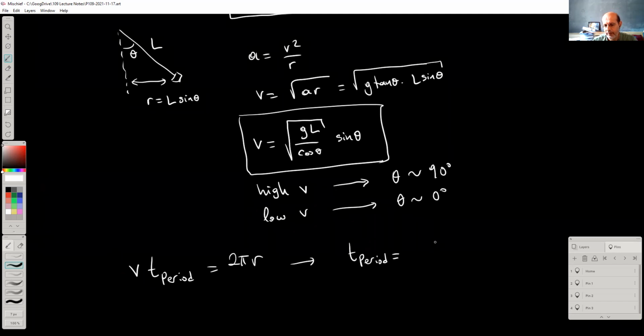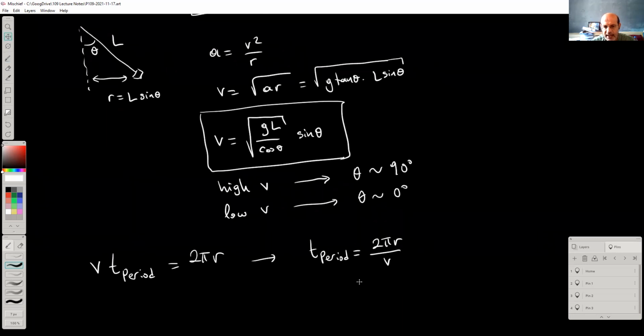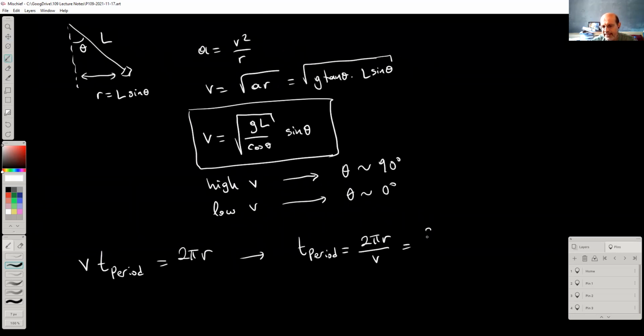This is 2 pi r divided by the speed. I'm just going to write these equations in here. So the period is 2 pi times L sine theta, which is the radius, and then the speed is the square root of g times L divided by cosine theta, and then sine theta.